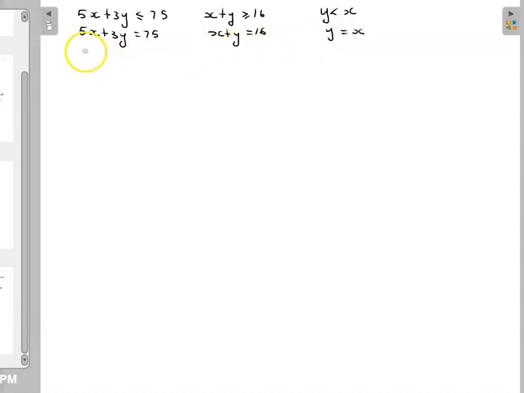Now what I usually like to do is I draw the table of values. X, Y, and then I just say, okay, what will be Y when X is 0, and what will be X when Y is 0, and then same applies here.